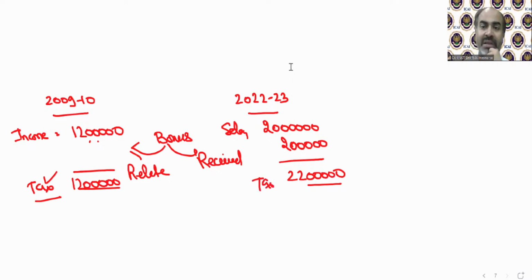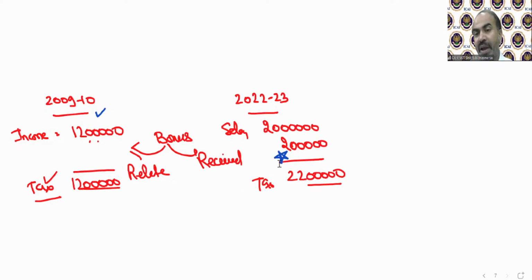Now the problem arises. Now the assessee complains. The assessee says, no, this is injustice with me. This is very, very wrong. This should not be done. The assessee says, technically this 2 lakh is the income of that earlier year.